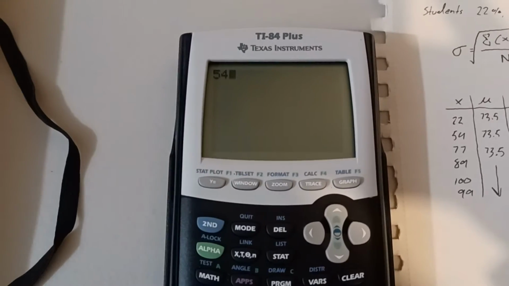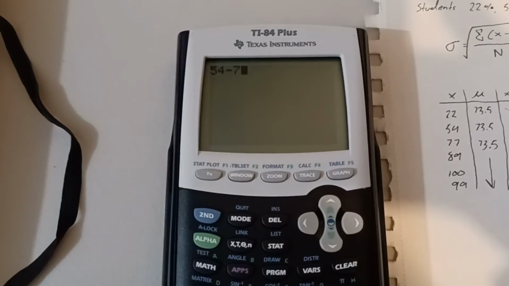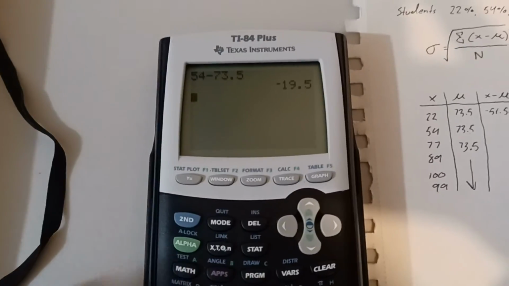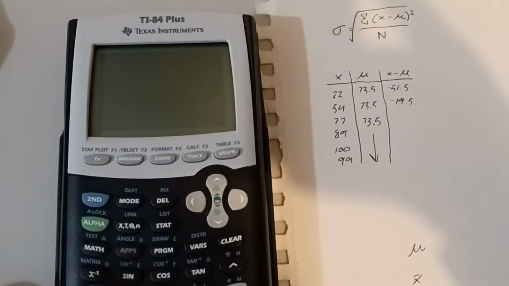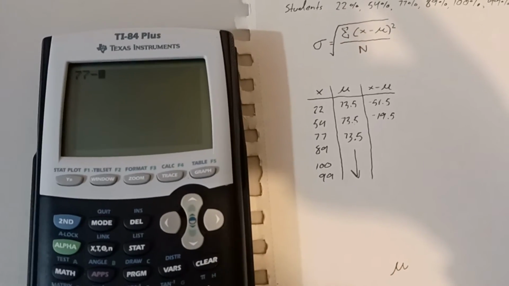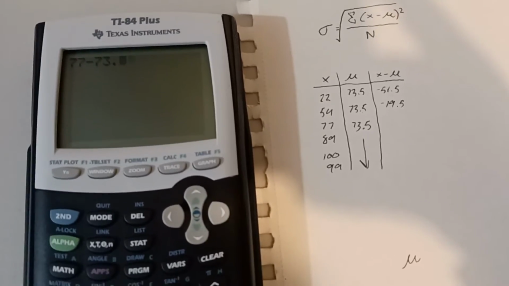Our other x value, 54. 54 minus mu of 73.5 gives negative 19.5. Now our other value, 77. 77 minus 73.5 is 3.5.